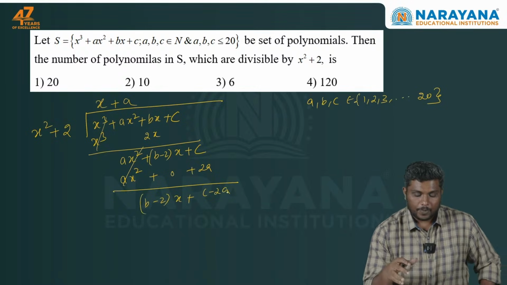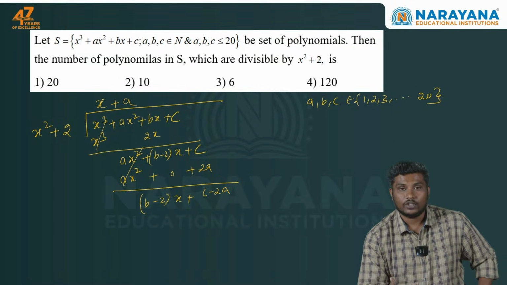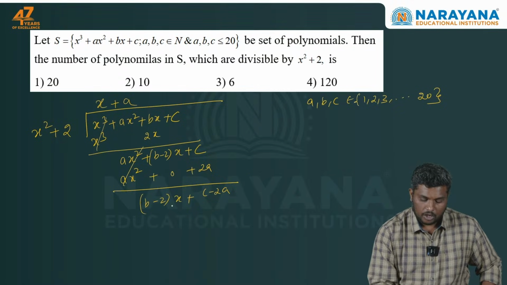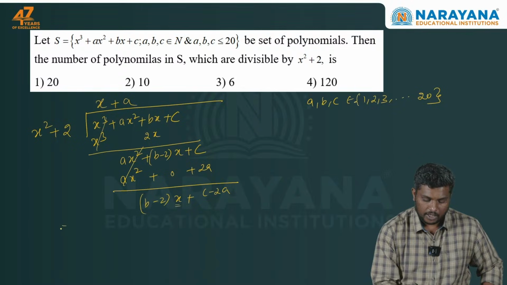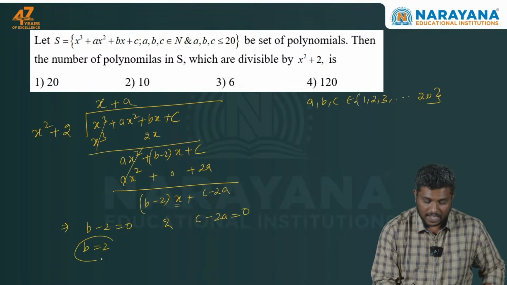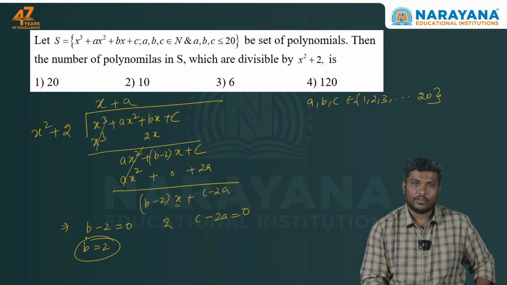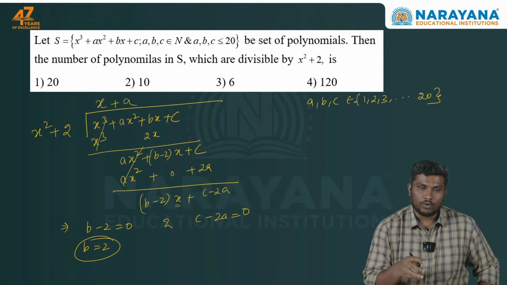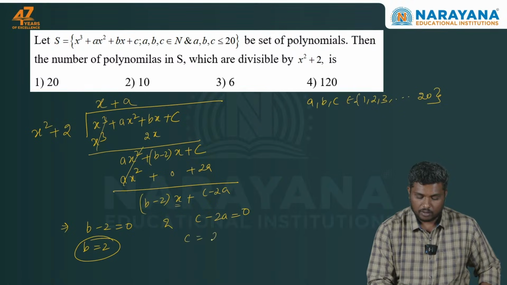Guys, for divisibility the remainder has to be 0, right? So this should not depend on x value. So here b minus 2 has to be 0. At the same time c minus 2a should also be 0. So b has to be 2. So definitely b has to take the value 2. So c is equal to 2a.